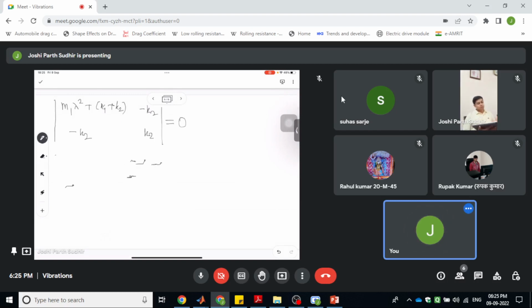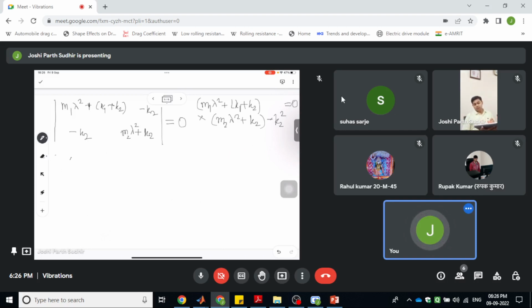If we expand this determinant and simplify, we get basically (m1 lambda square plus k1 plus k2) into (m2 lambda square plus k2) minus k2 square is equal to 0. So this will be the expression for the determinant.